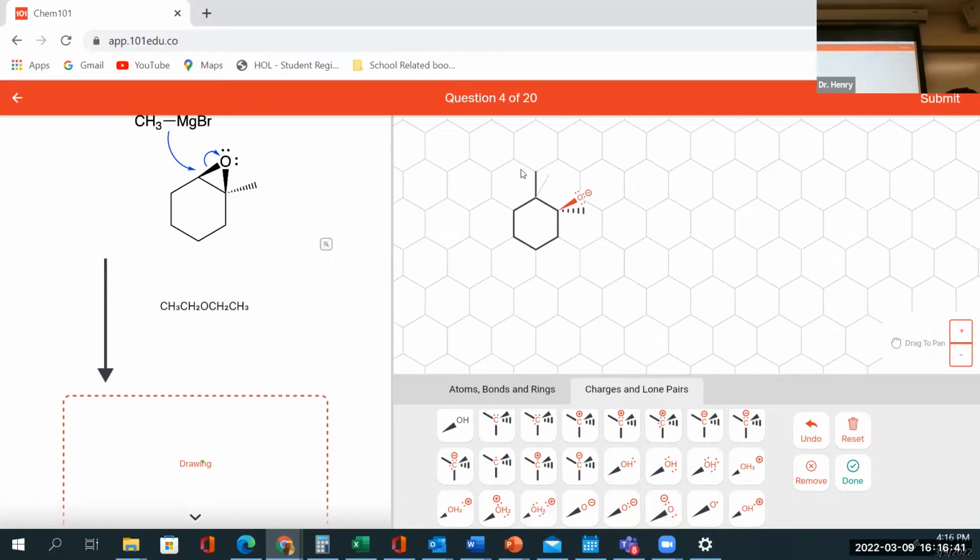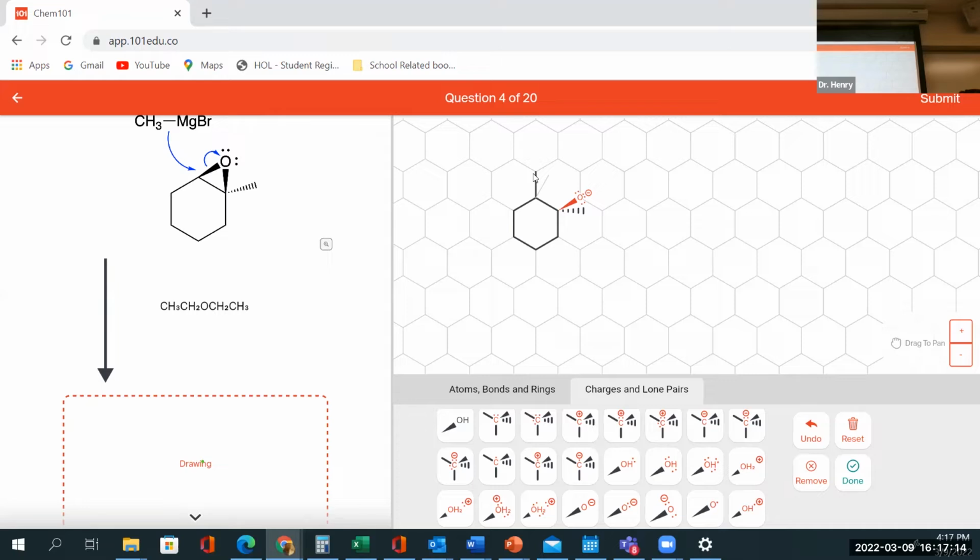Anything else going to happen? Anything else going to be attached? So is it going to be attached to the oxygen, or is it going to be attached to the carbon?